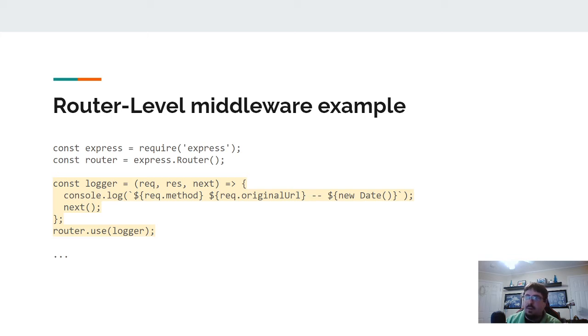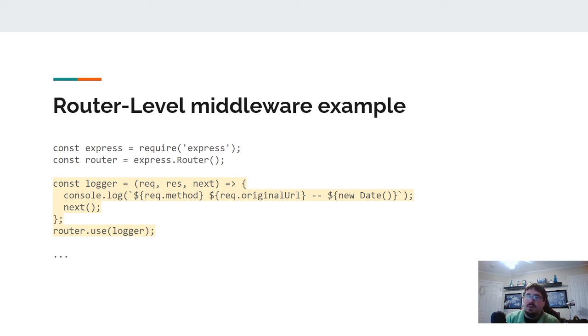Yeah. If you mount the router at the root, then all of the middlewares that you install in the router are really mounted at the root as well, which means that it applies broadly.